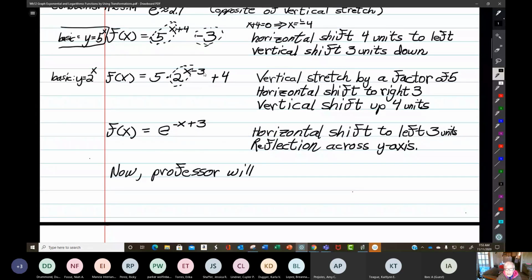The minus 3 with the x, take x minus 3, set it equal to 0, add 3 to both sides, and you will get x equals positive 3. So this is a horizontal shift to the right 3 units. Even though it doesn't look like it's supposed to be, it is. The plus 4 on the end is a vertical shift up 4 units.